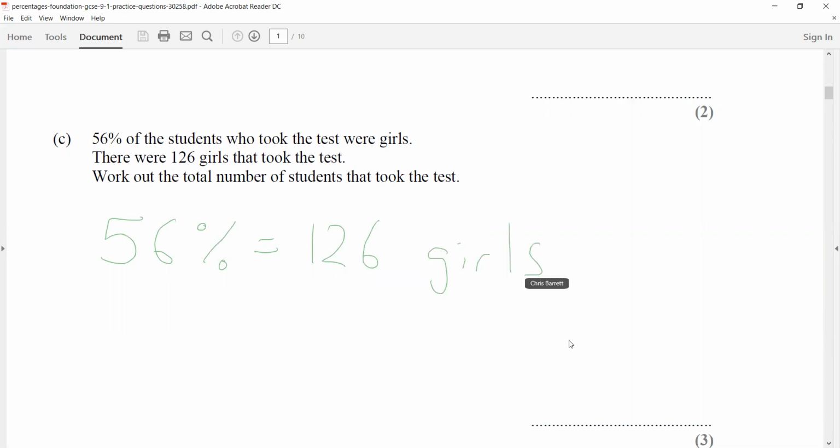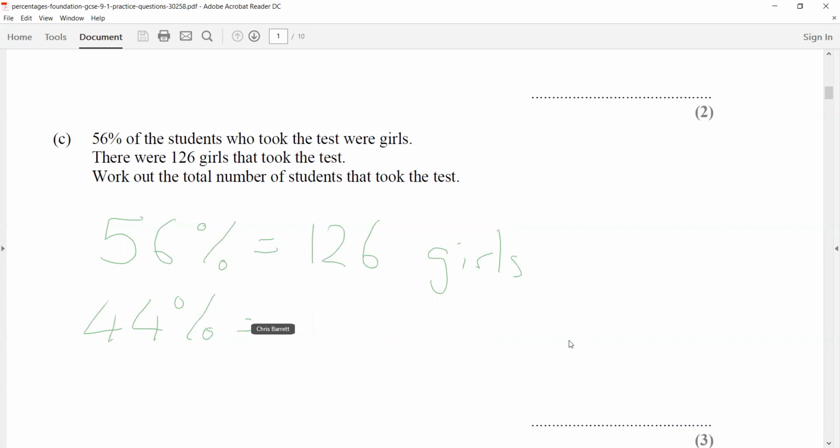So the first thing I'd be thinking about is, well, then what percentage is left for the boys? Okay, so first nice step's going to be work out then what 100 subtract 56 gives me 44% left over.